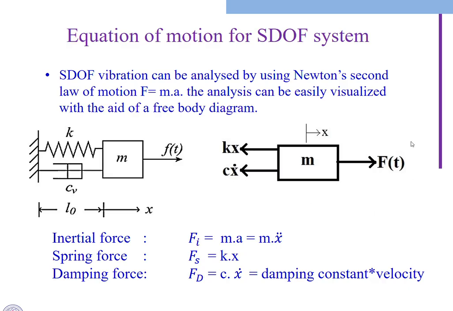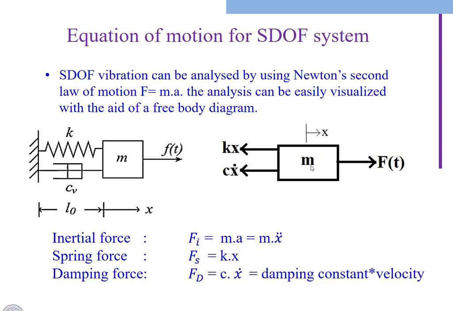The total force F of t is taken by these two elements. The mass also takes some amount of the force, some inertial force, which can be applied over this particular body. The mass moves in the downward direction because of the motion of the mass.